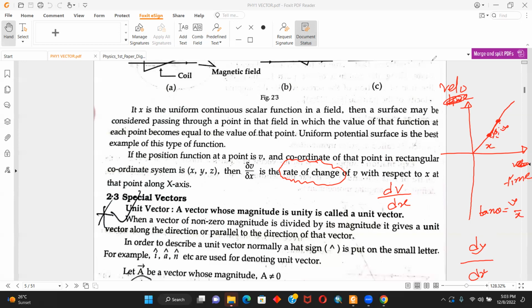And what is the rate of change in velocity called? How can you term it? Like rate of change in velocity, what do you call it? I have taught you.